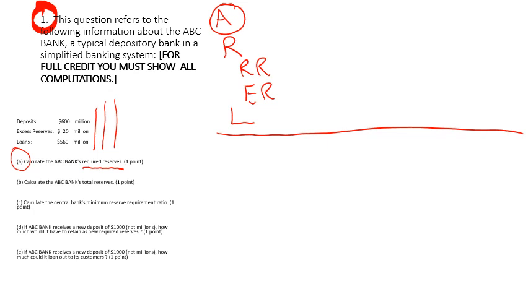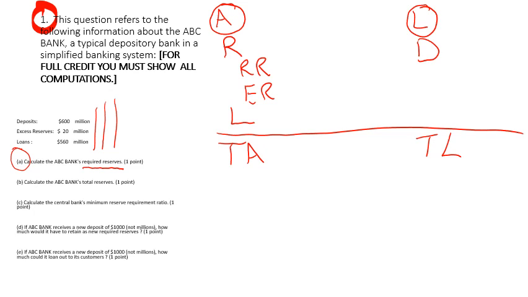And then in turn, total reserves plus loans is equal to TA, that's total assets. On the liability side, we only have one entry there, and that's deposits. So deposits are equal to total liabilities.